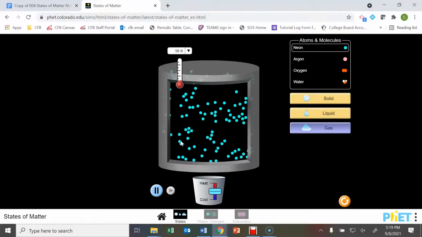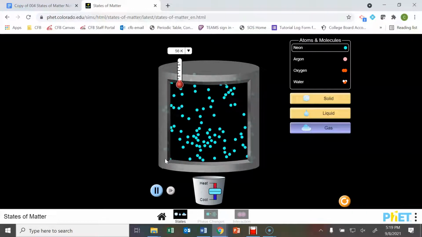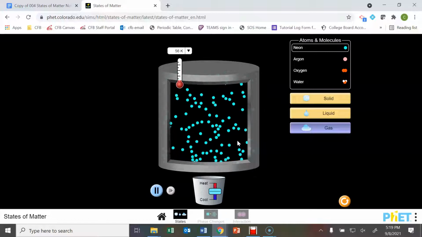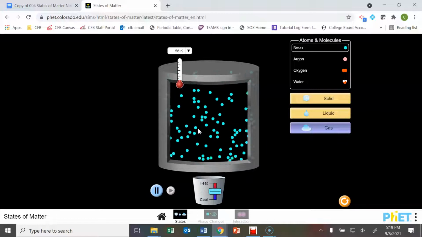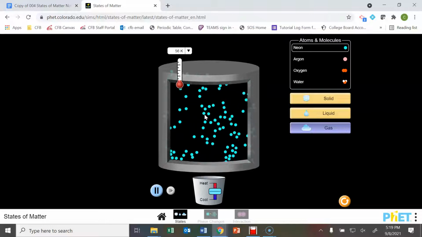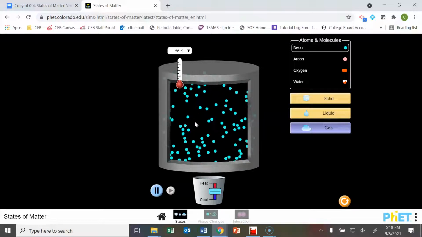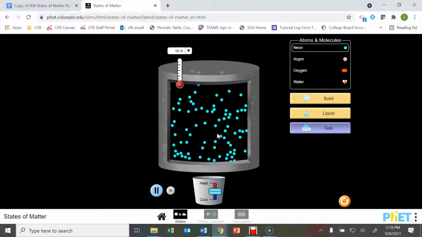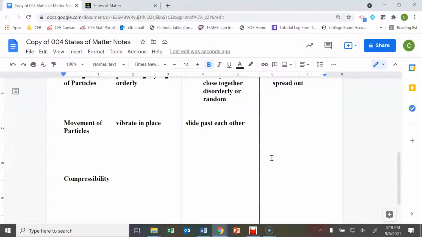It's random, it's crazy, it's chaotic. And they move more quickly from one place to the next. But I hope you notice that they actually move in straight lines until they hit each other. So it's random just because they're colliding with each other. So what we say is they move in rapid, random, straight line motion.